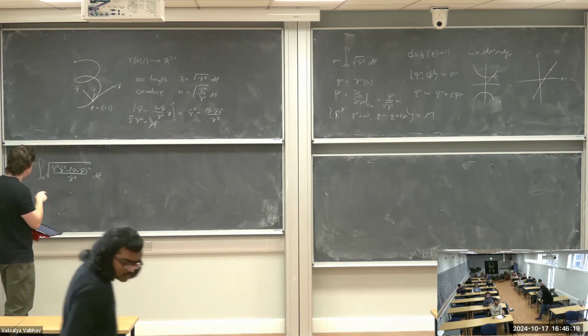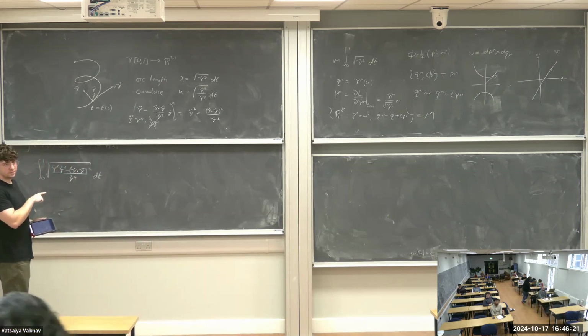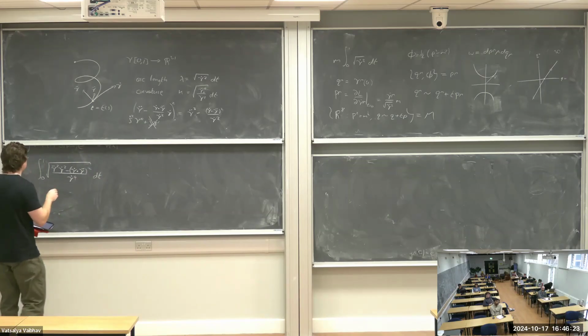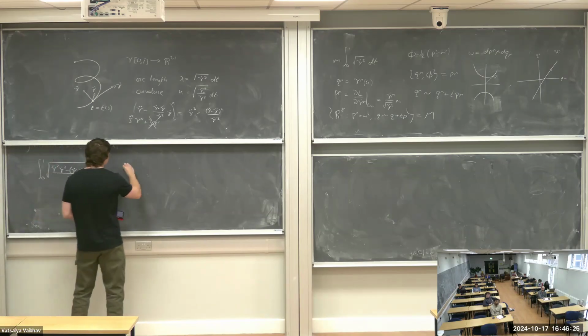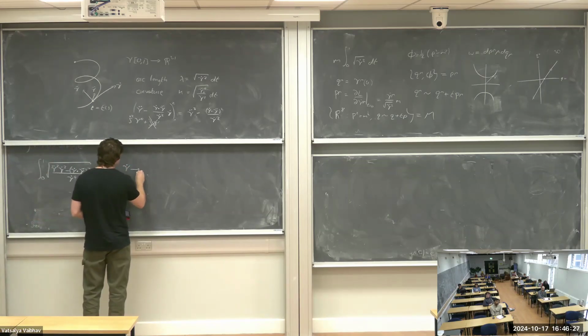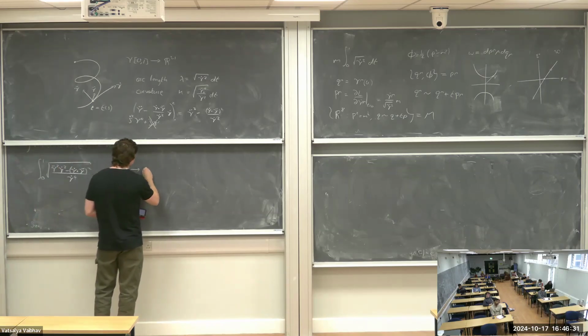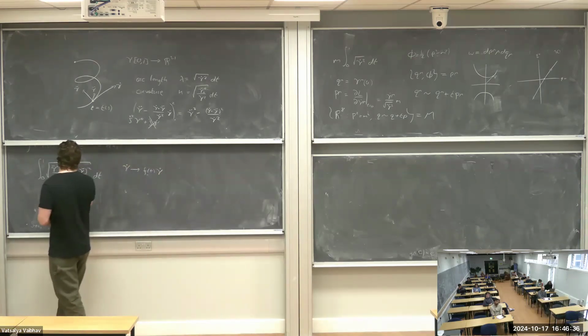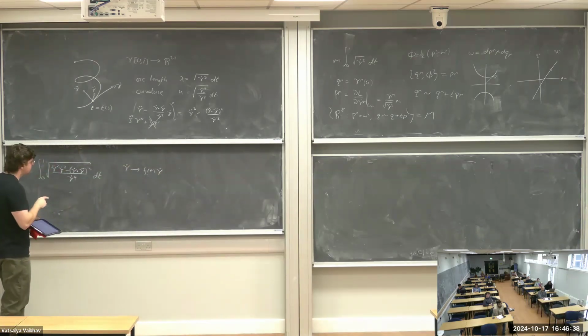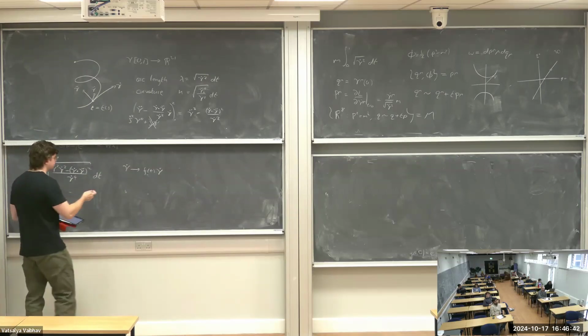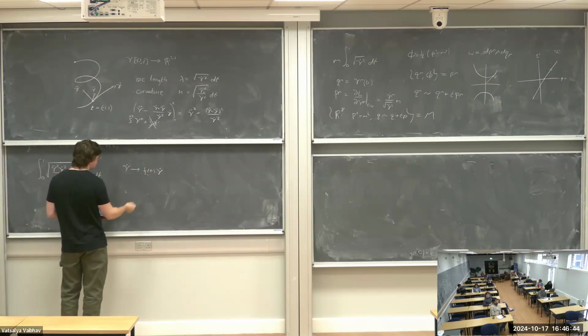And as I mentioned before, this is invariant under reparameterization, but it also has an extra gauge symmetry. If I take gamma dot and rescale it by some arbitrary function of time, say f of t times gamma dot, this action is invariant. So you can think of this as a one-dimensional version of Weyl symmetry. I can arbitrarily rescale my metric.